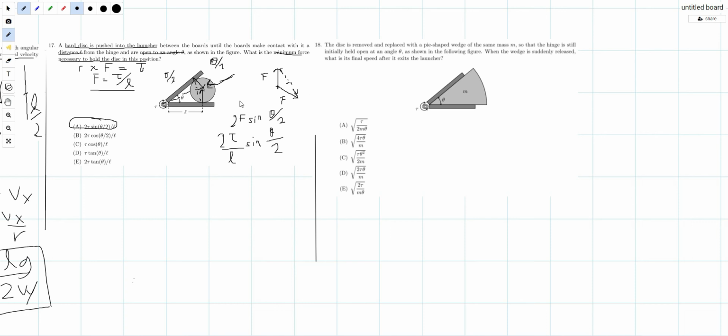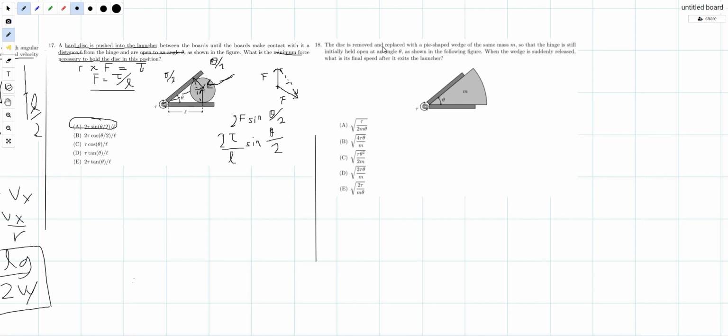So this was actually a very straightforward static equilibrium type of problem. And all you really need to do here is draw out forces, componentize them, and then just sum the vectors. So it's a very standard bookkeeping type problem. So anyways, now to 18.